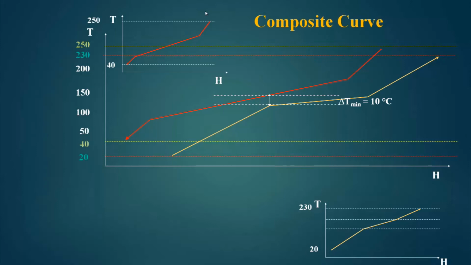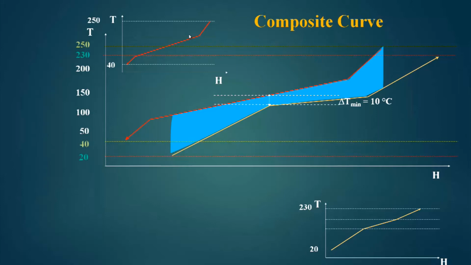I have already told you that the amount of hot utility and cold utility is a function of delta T minimum. So, once I fix delta T minimum, I also fix the amount of hot utility and cold utility. This blue area shows the heat exchange area, and when I say heat exchange area, this is exchange between process stream and process stream.